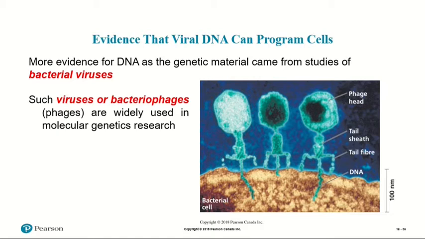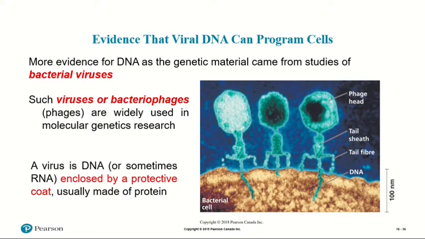Viruses and bacteriophages are used for genetic research because they have this amazing property that we can insert any DNA into a bacterium. And we also know that a virus is DNA, or sometimes RNA, enclosed in a protective coat, usually made of proteins.